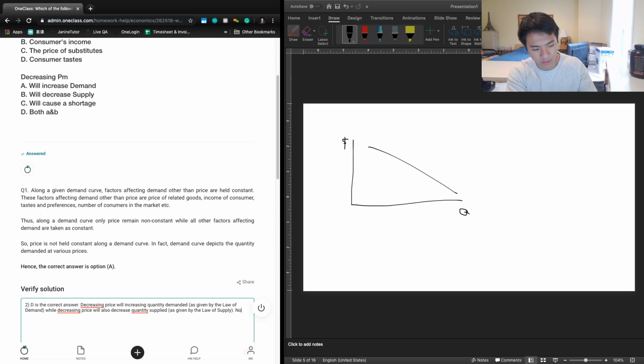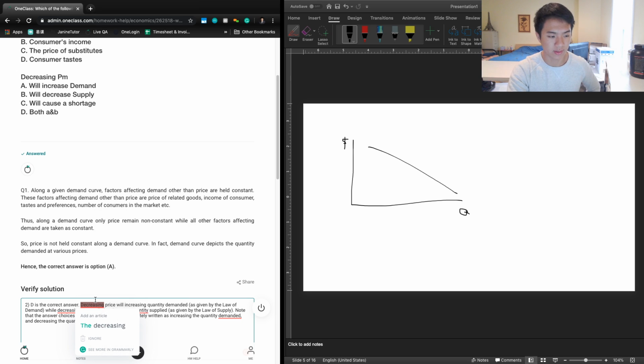Note that the answer choices should have been more accurately written as increasing the quantity demanded and decreasing the quantity supplied. And that should be the correct answer here.